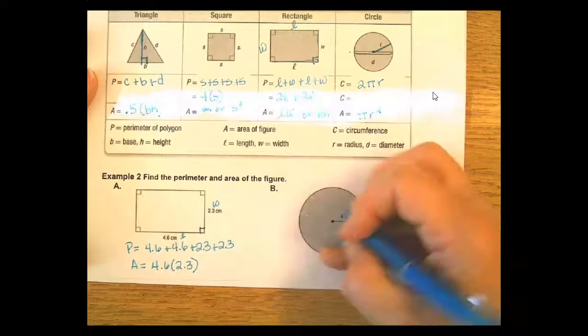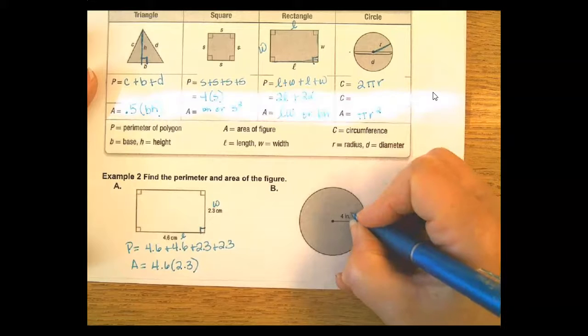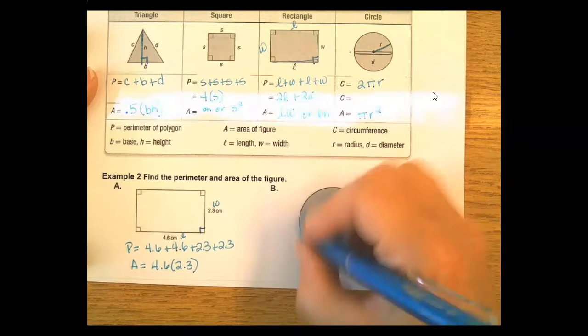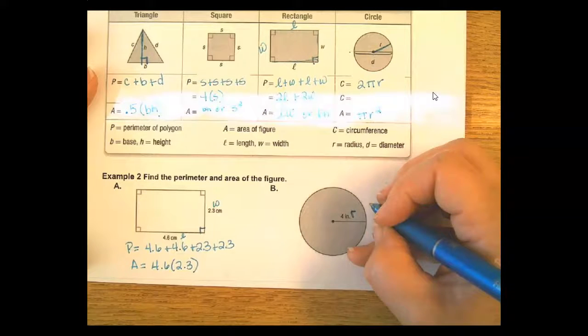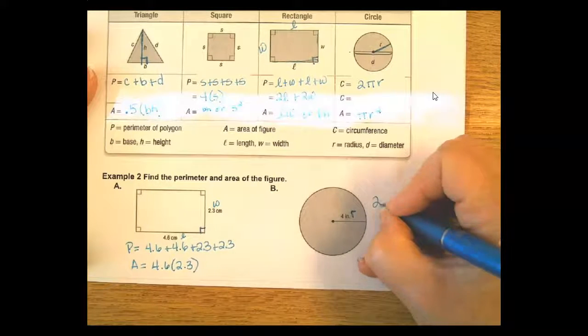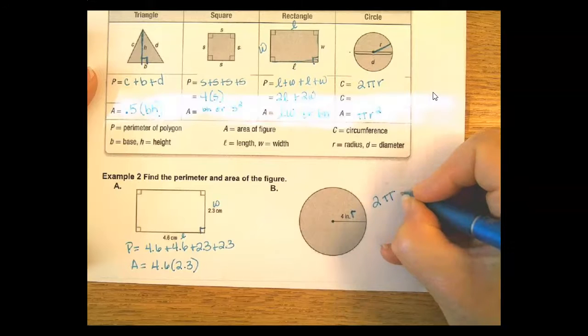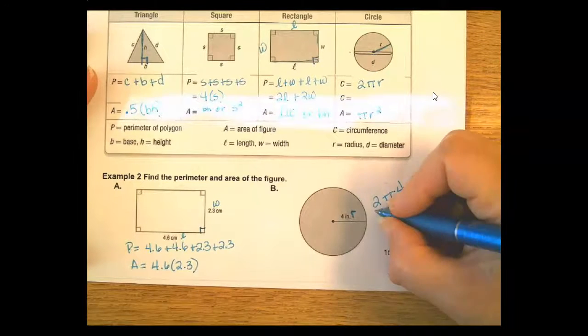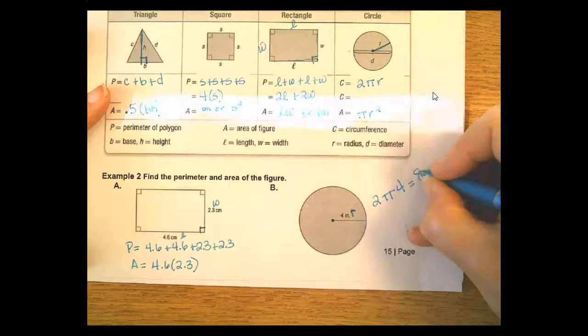Hopefully on B you know this is your radius, so I'm going to mark that with an R. To find my circumference, so around, which is the perimeter of a circle, I am going to say 2 pi r. And then I could simplify this by just saying 8 pi.